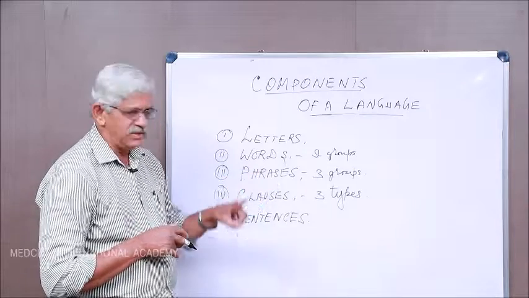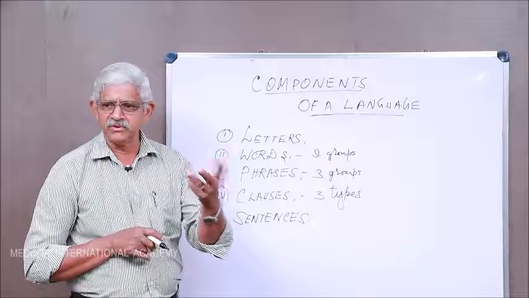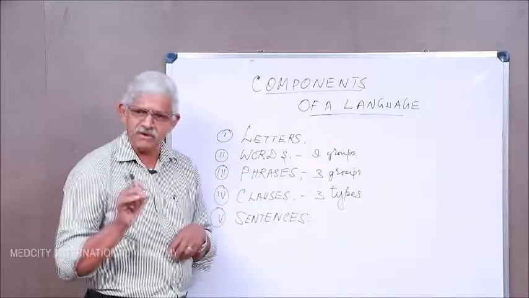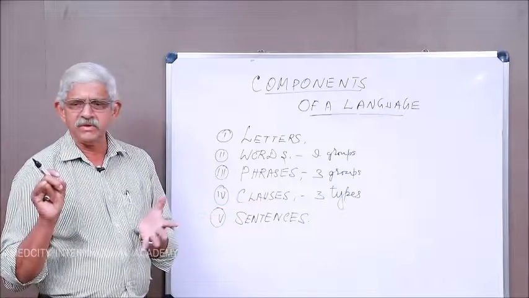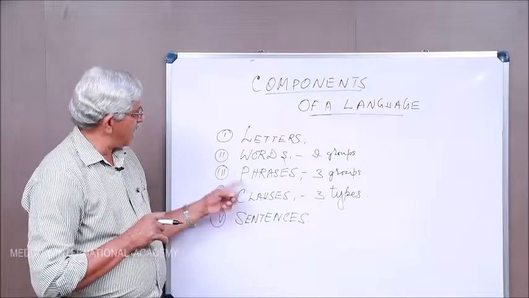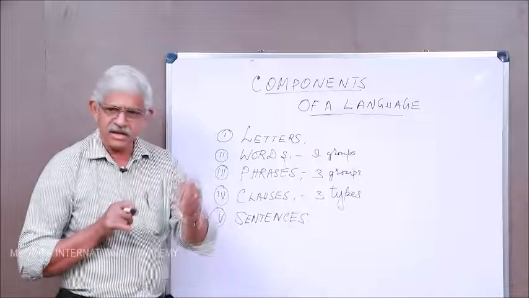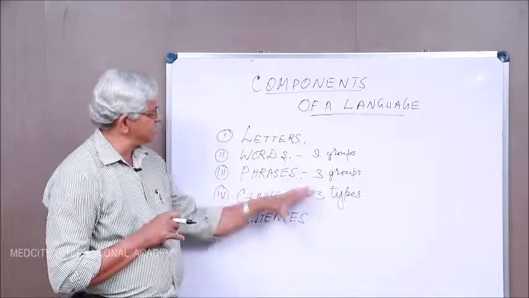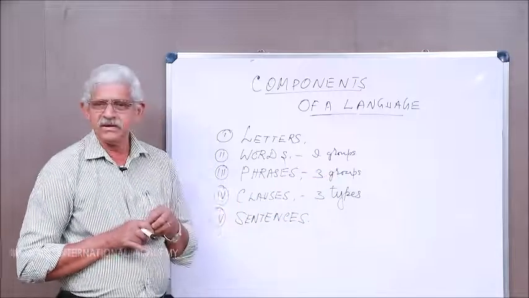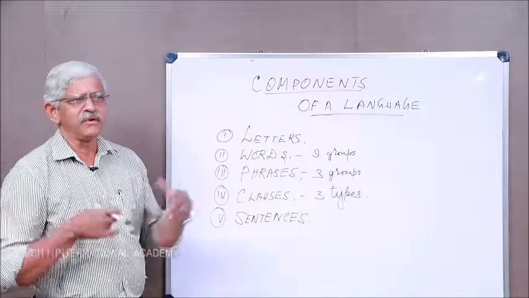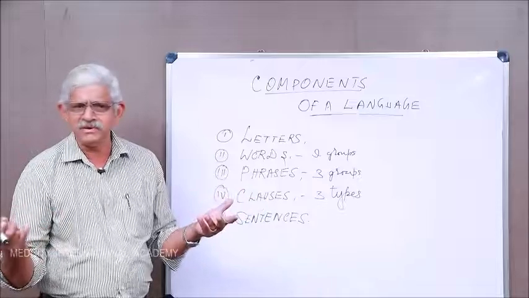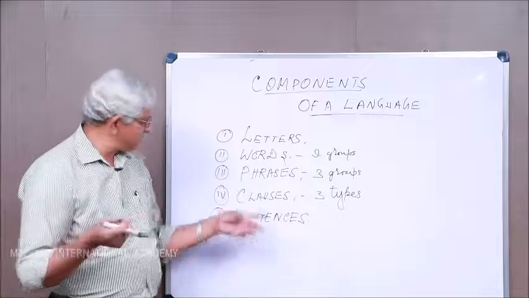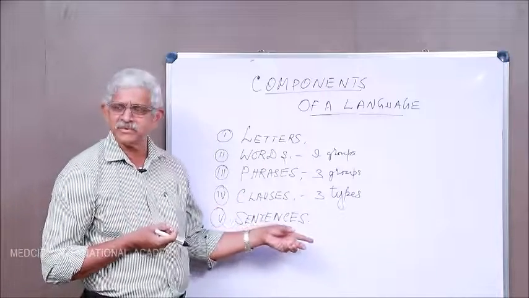Then phrases, which are divided into 3 groups, and a phrase is a group of words without subject and verb, and a clause is a group of words with a subject and verb, both functioning as part of a sentence. Now, in all our discussion, we have always been using a part of a sentence, and that is the last and final component of a language.